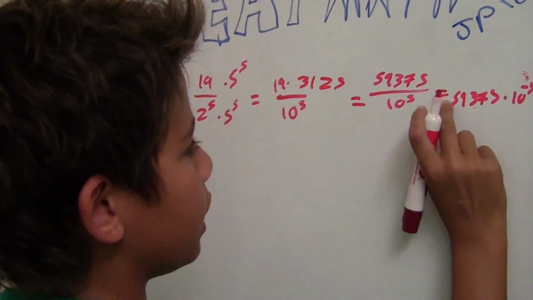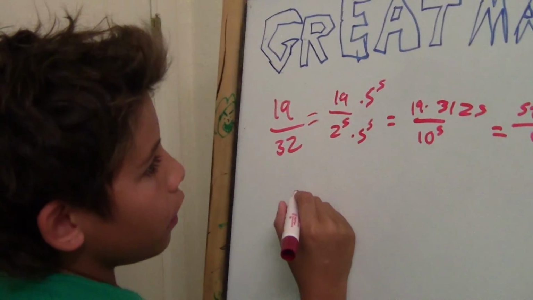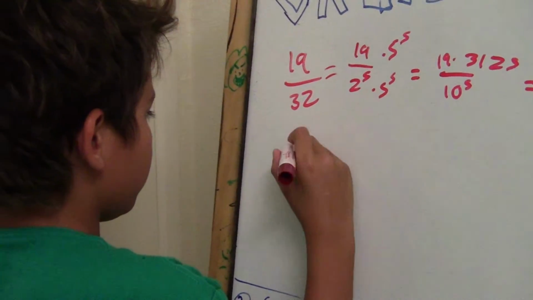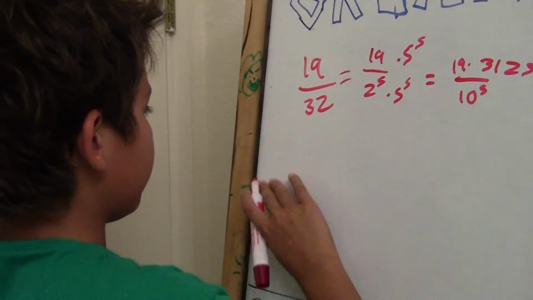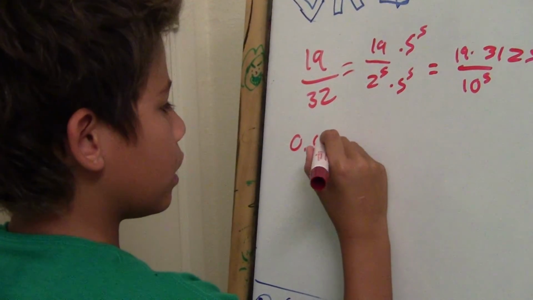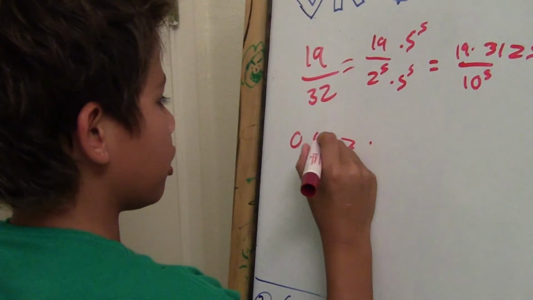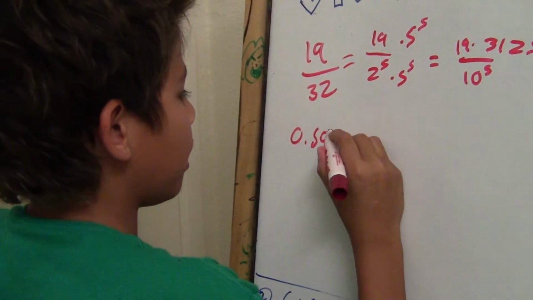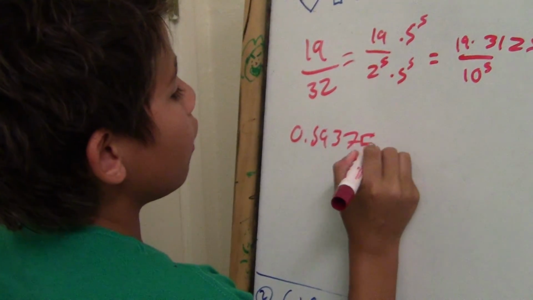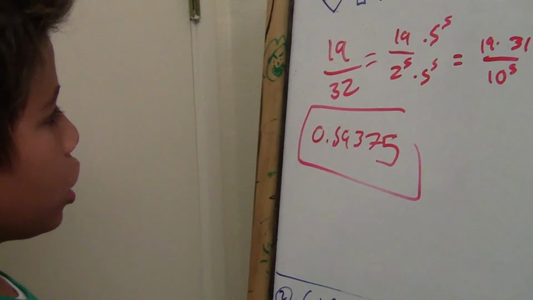The decimal point would be right in front of the 50,000, right in front of the 10,000ths place, which would be 0.59375. Oh, whoops, I'm missing a number. 0.59375. There we go. That will be our answer.